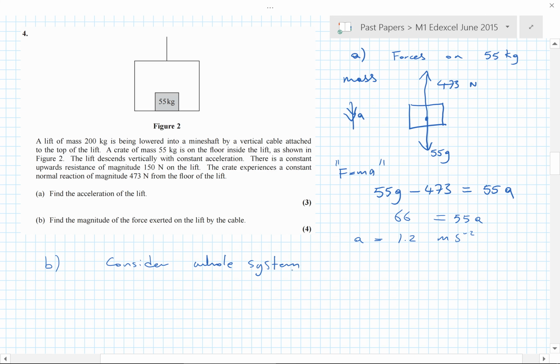Then we've got a combined mass of 255 kilograms. So we've got 255G, okay, is the weight of the thing coming down. But we've got a resistive force of 150 newtons.